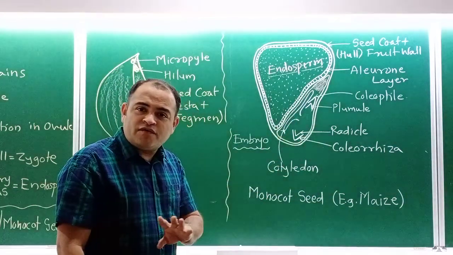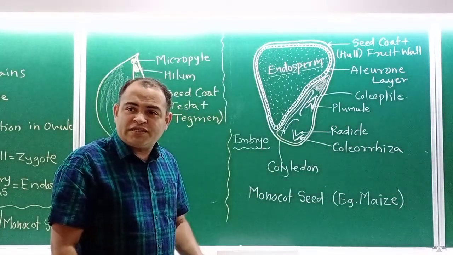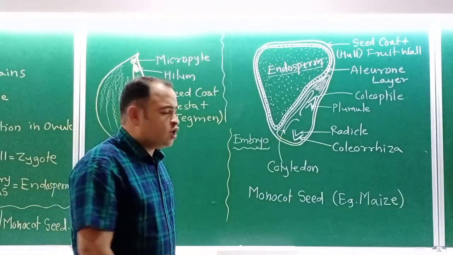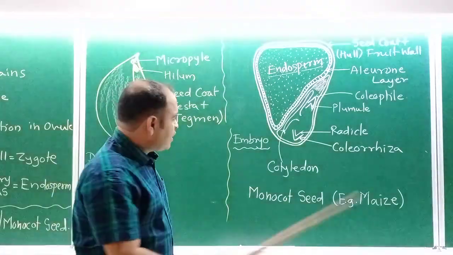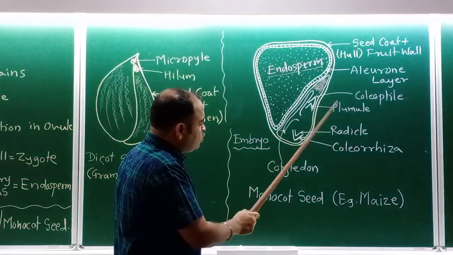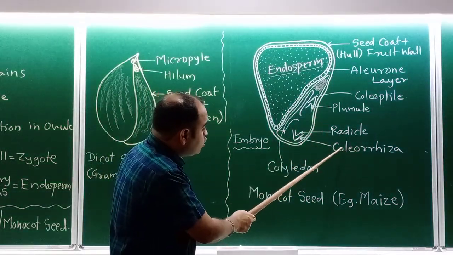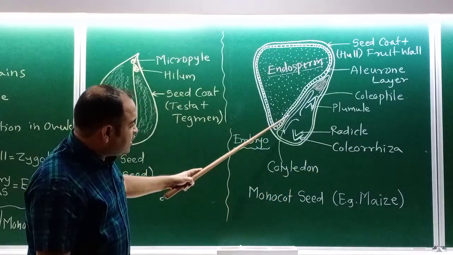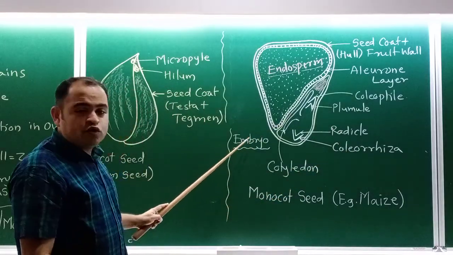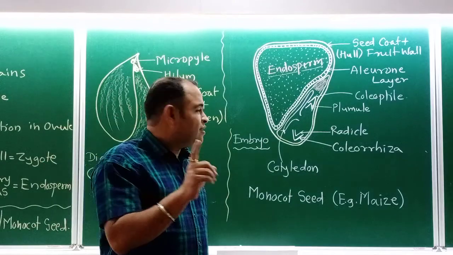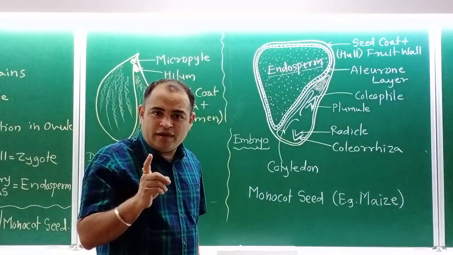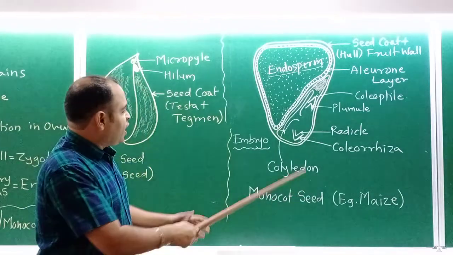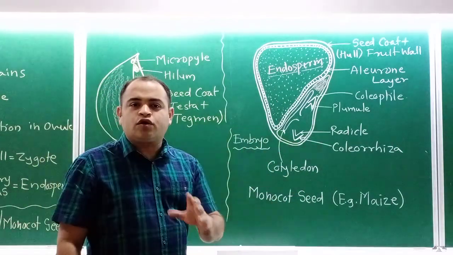Don't worry about the various layers and terminologies. Then coleoptile, plumule, radicle, coleorhiza, cotyledon, and embryo. Purposely, I have not put any arrow for the embryo. Now consider this as a single cotyledon structure.